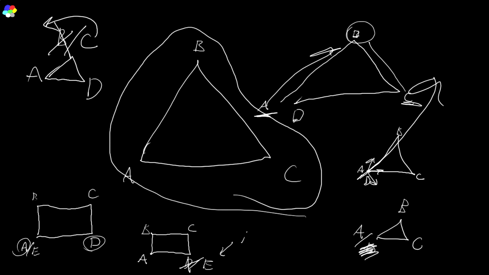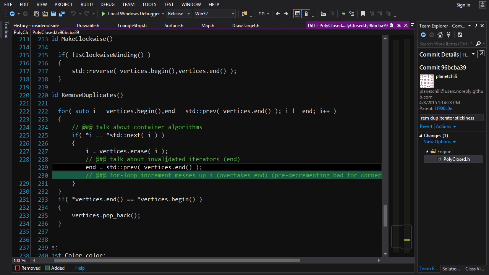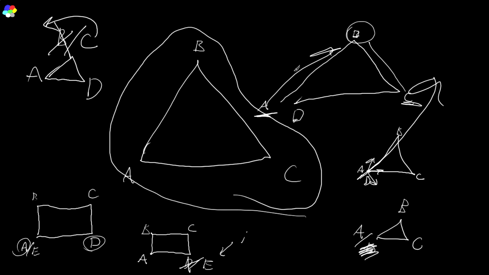End, let's look in here. End points to the one before vertices.end. Now vertices.end doesn't give you the last element. For every container, iteration works like this: A, B, C, D, E, and then end, which is an invalid iterator that signals the end of the container.